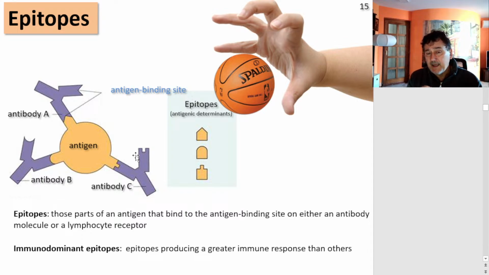Antibodies like uneven surfaces, and even surfaces are very difficult for antibodies to recognize. So the antigen binding sites are called epitopes. Let me introduce another term, the immunodominant epitopes. Immunodominant epitopes are those epitopes on an antigen which attract a higher number of antibodies, or in other words, which evoke the greatest immune response.